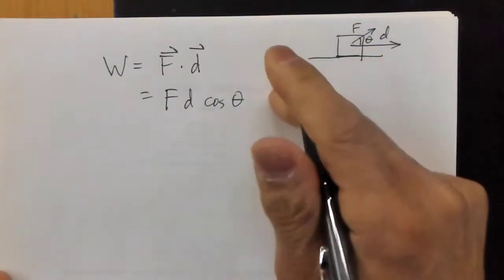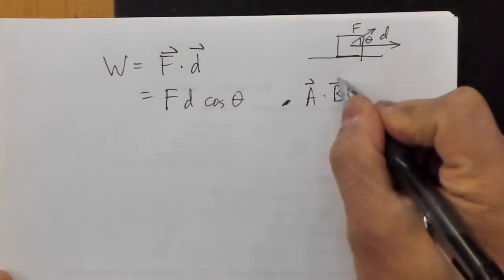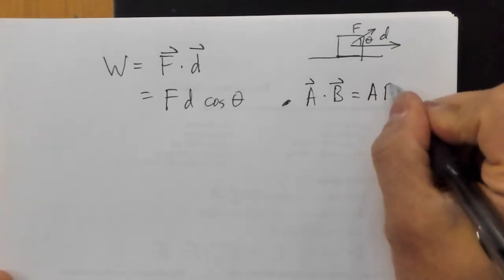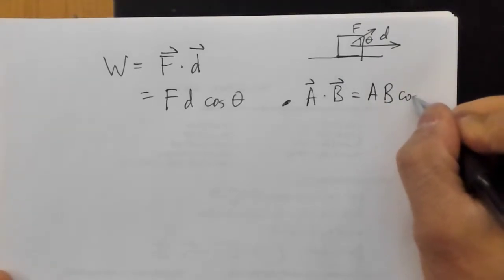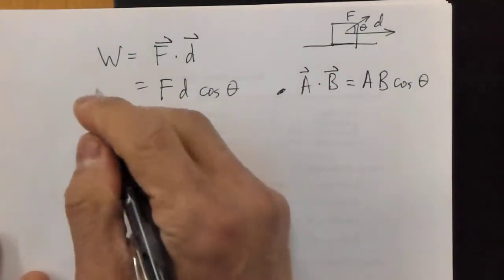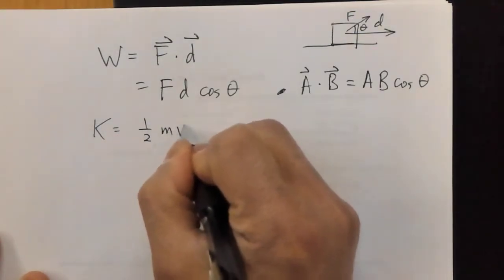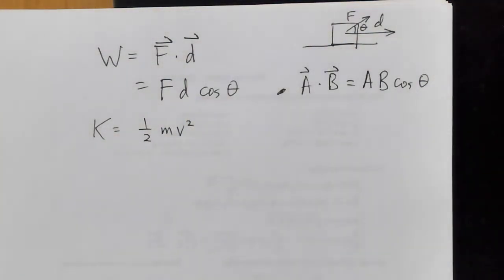Then we defined, more generally, A vector dotted with B vector as the magnitude of A times the magnitude of B times the cosine of the angle between them. And then the other formula that we wrote down was one half m v squared. Any questions about this? Okay.